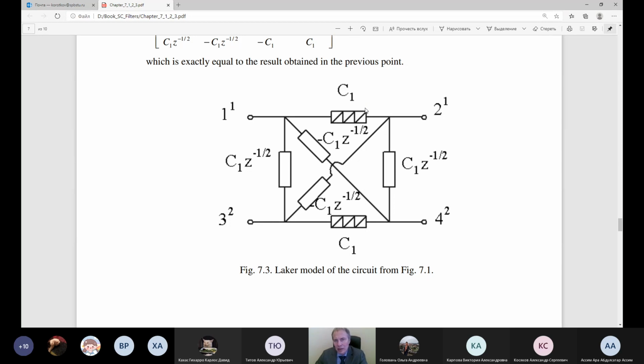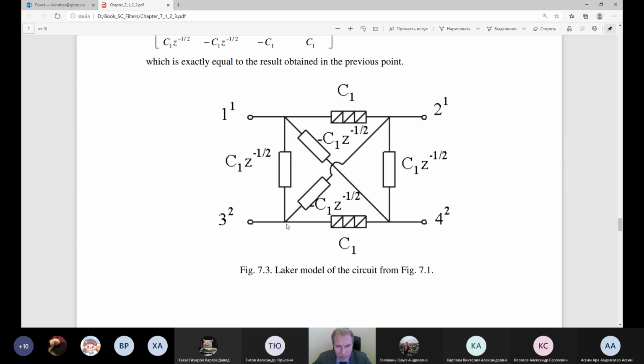On the right side we have the bottom plate here and the bottom plate here, so the storistor included between these nodes will have the sign plus, and with the opposite sign, minus, because it is located between the bottom plate on the first phase and the upper plate on the second phase. Well, this is the idea.